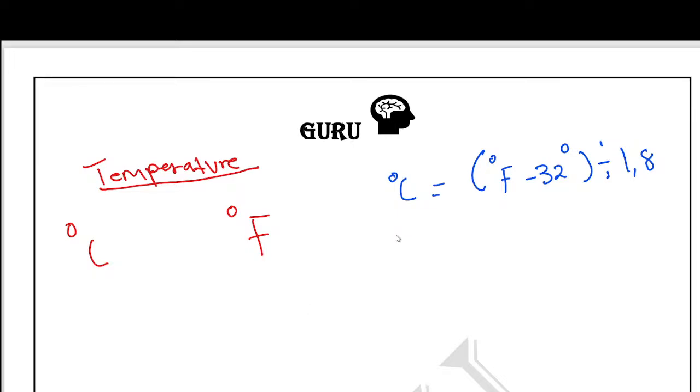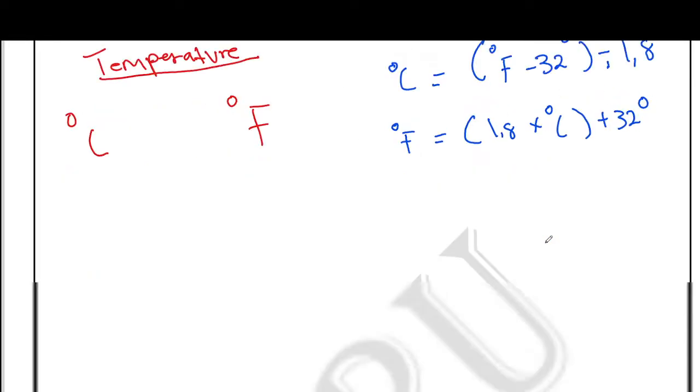And then we have this formula to calculate degree Fahrenheit, which says open bracket 1.8 multiplied by degree Celsius close brackets plus 32 degrees. Now here is a question.